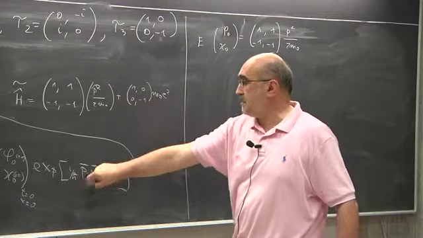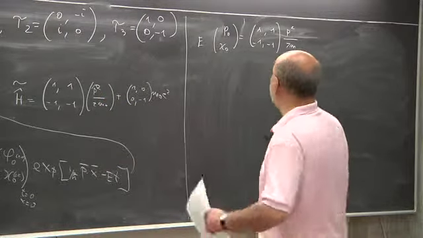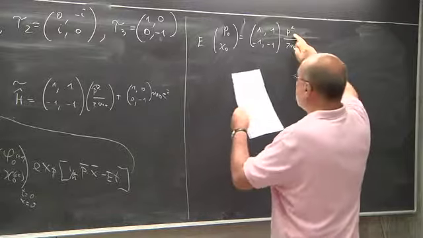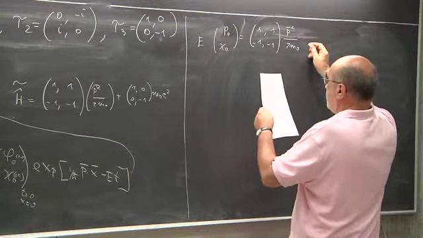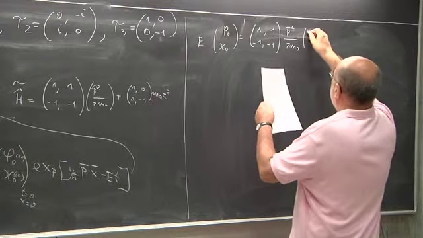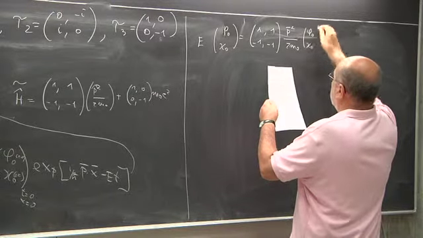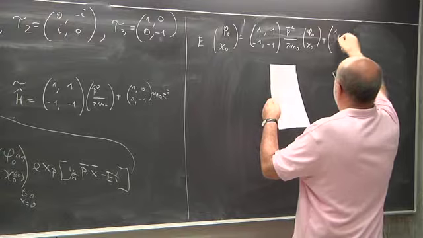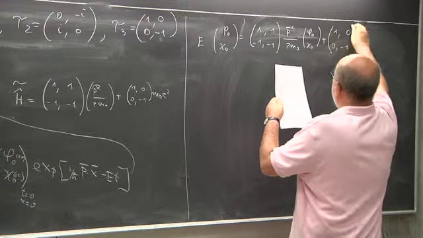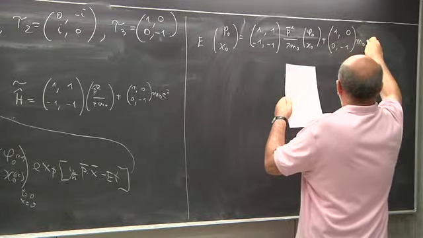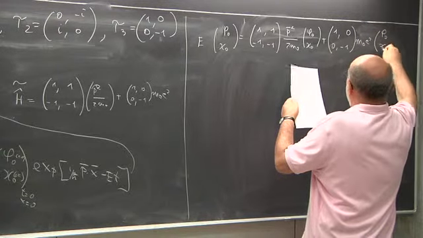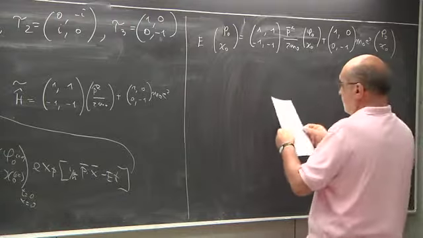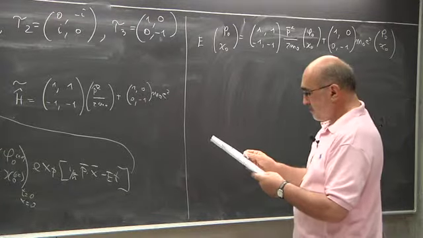It will act on this and bring down this part, okay? So while this is the operator, this is this number, modulo, of course, 2m0, phi 0, chi 0, plus the matrix 1, 0, 0, minus 1, times m0 c square, phi 0, chi 0.